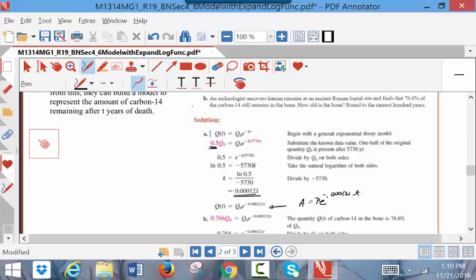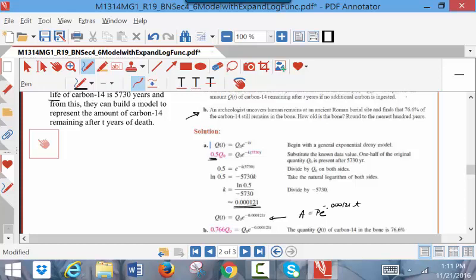So then part B up here says, an archaeologist uncovers human remains at an ancient Roman burial site and finds that 76.6% of the carbon-14 still remains in the bone. How old is the bone? So they go to this equation just created, and they say 76.6% is left, which in decimal is 0.766.